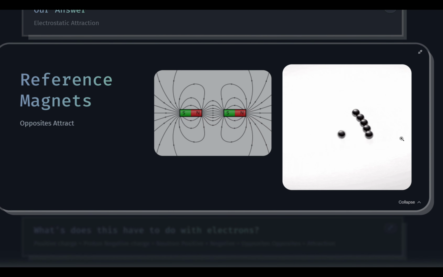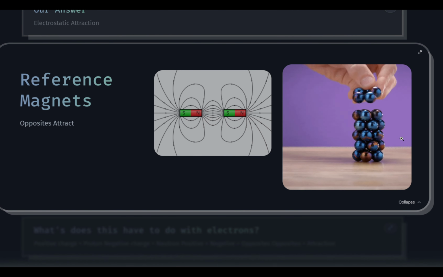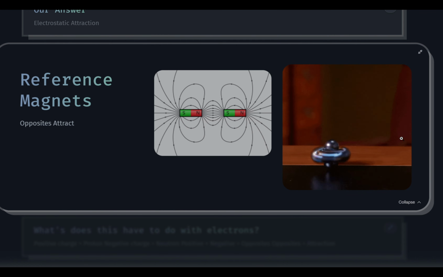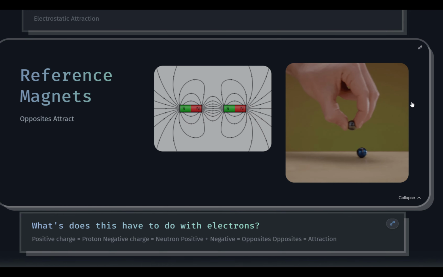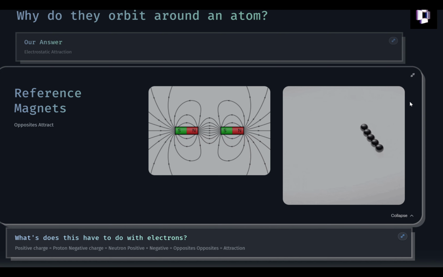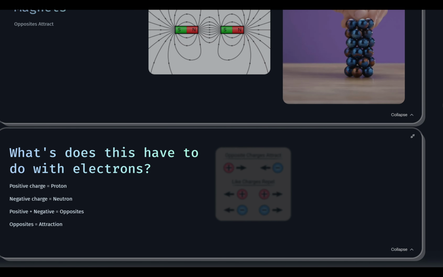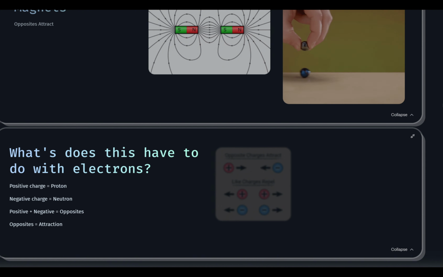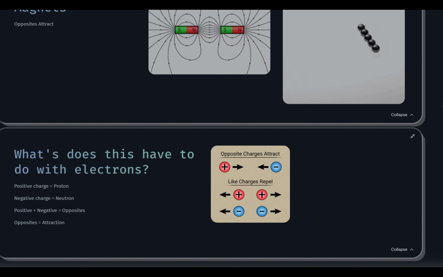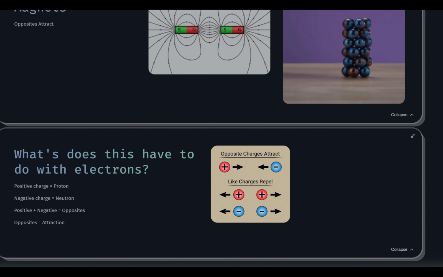Attraction within an atom is made due to the statement, opposites attract. Now, what does this have to do with electrons? With the positive charge, the proton, and the negative charge, the electron, opposites attract. So an electron is pulled towards the nucleus of an atom.